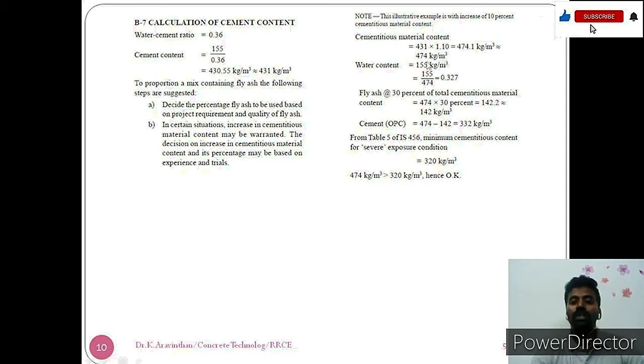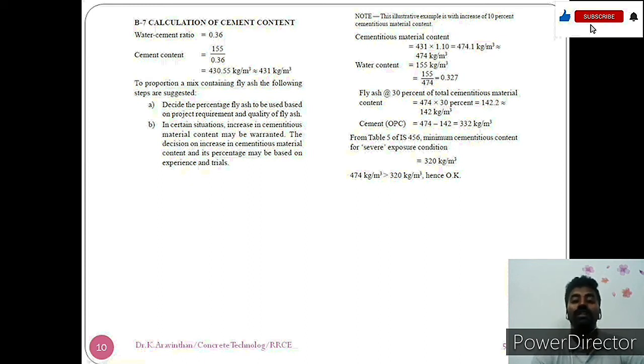Fine tuning with the water at 155 and the cementitious material at 474 kg, if we divide, we get a water cement ratio of 0.327. So the 0.36 water cement ratio is reduced to 0.327 due to the introduction of mineral admixture.